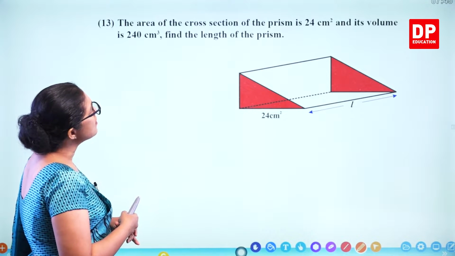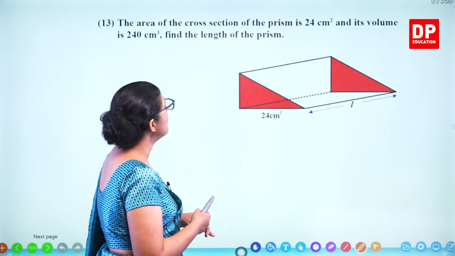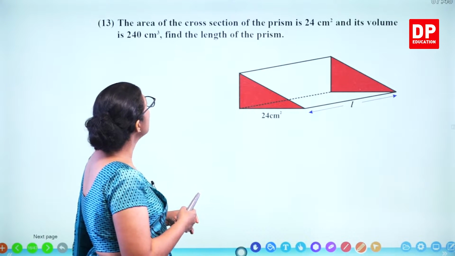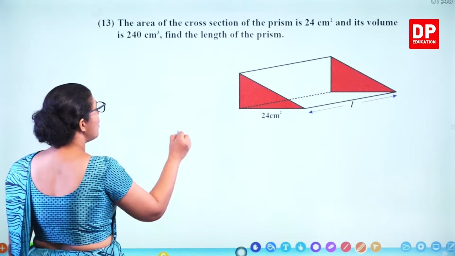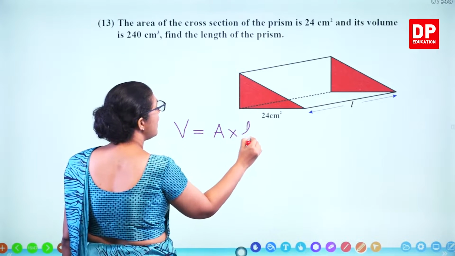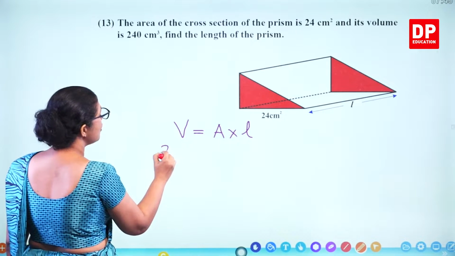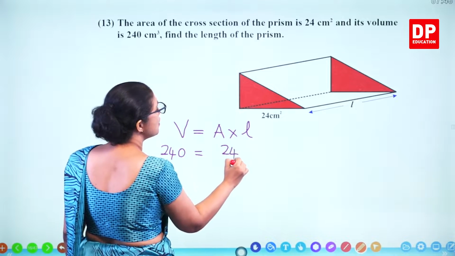Question number 13. The area of the cross section of the prism is 24 square centimeters and its volume is 240 cubic centimeters. Find the length of the prism. We know for a prism, volume is cross-sectional area into length. Volume is given 240 cubic centimeters, area 24.